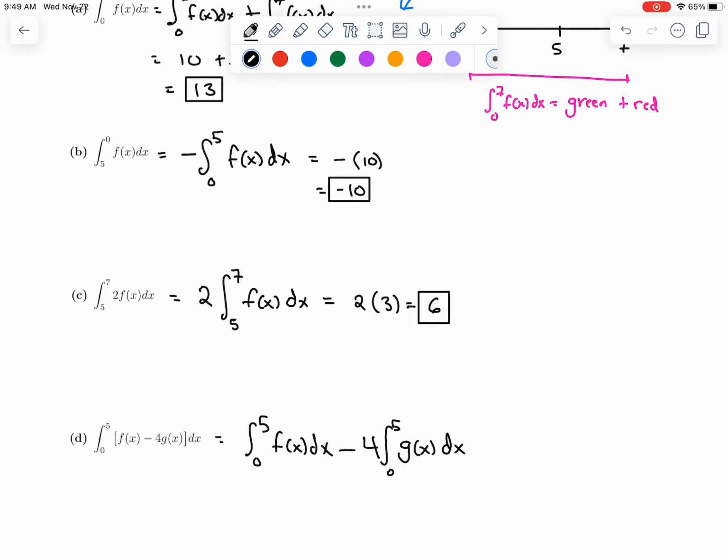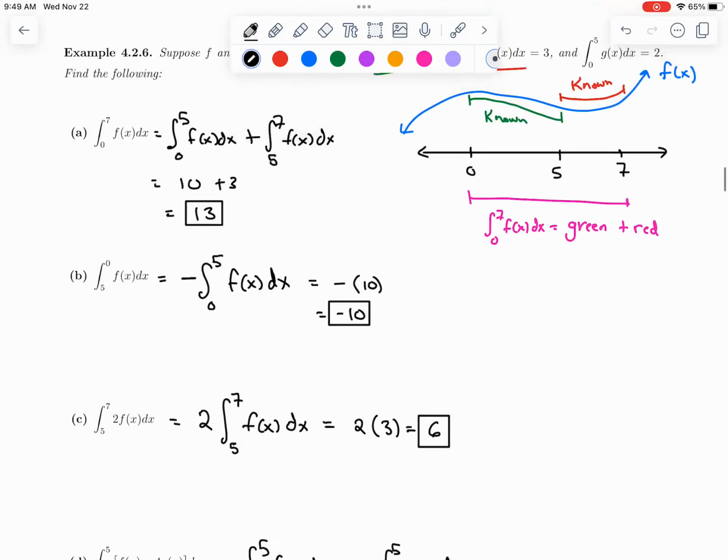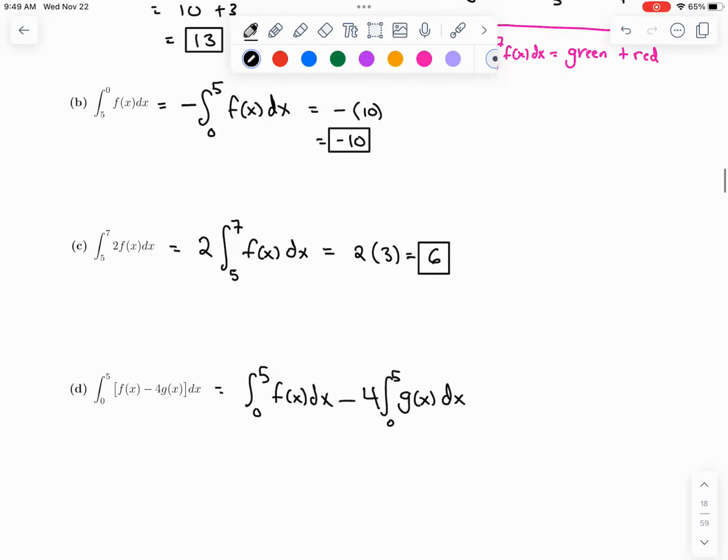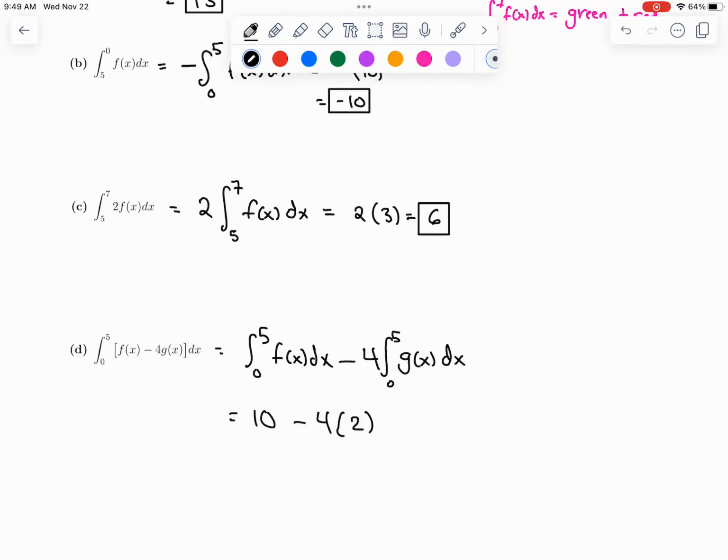Integral from 0 to 5 of f of x, that's given in green, is 10, minus 4 times the integral from 0 to 5 of g of x, which was given. I didn't underline it, but it's 2. So that's 10 minus 8, which is 2.